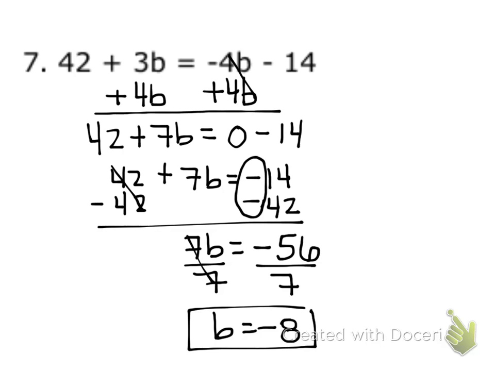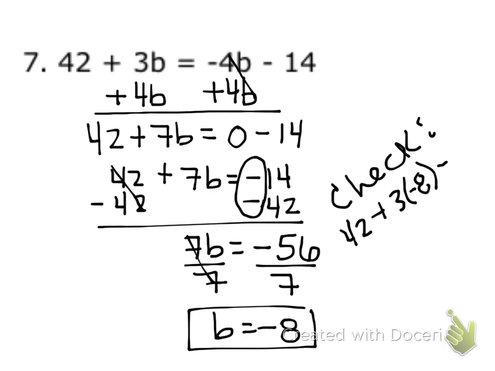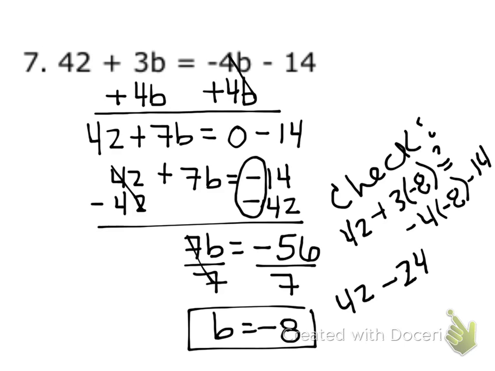If I want to check that work to make sure I did it right, I'm doing this on an angle because I'm running out of room. 42 plus 3 times negative 8, does it equal negative 4 times negative 8 minus 14? So we have 42. My positive 3 times negative 8 is going to produce a negative 24.